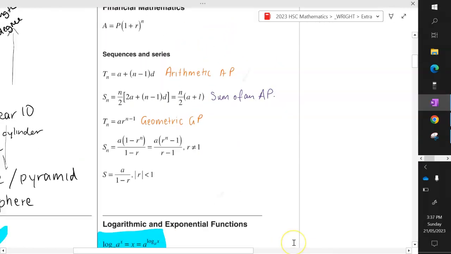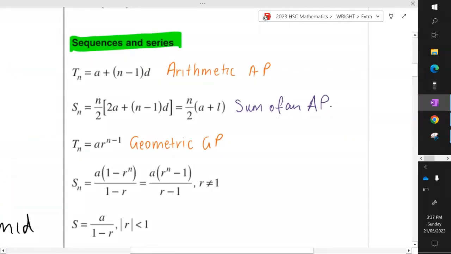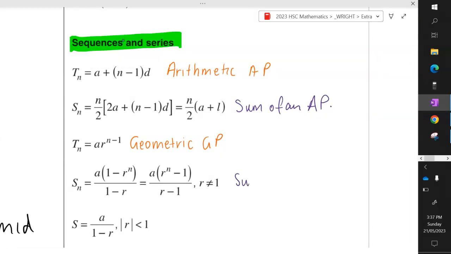Here is the first page of our HSC formula sheet. So under sequence and series, like we've been looking at, our two formulas for today sit there as well. And they're just down here. So you can see the pattern now that we've got our two AP formulas followed by our two GP formulas.